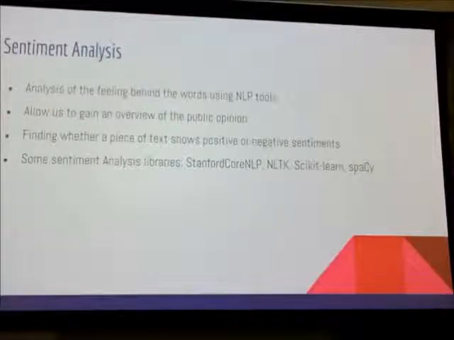If the positive words are greater than negative words, we label the sentence as positive. If the negative words are greater, we label it as negative, otherwise neutral. So this is a very naive approach, but there are also complex approaches in which you assign a score to each particular word and then calculate the sum for the sentence.